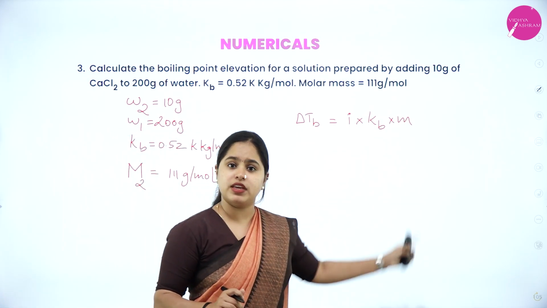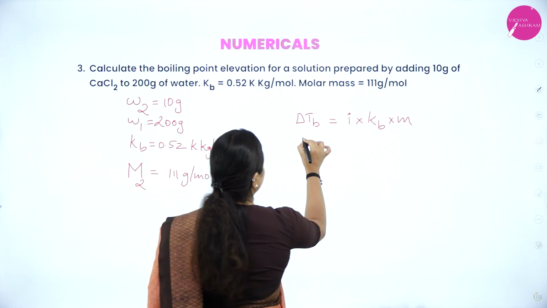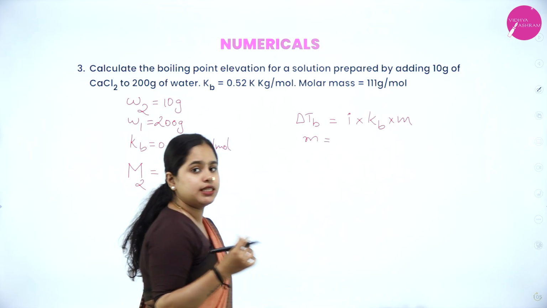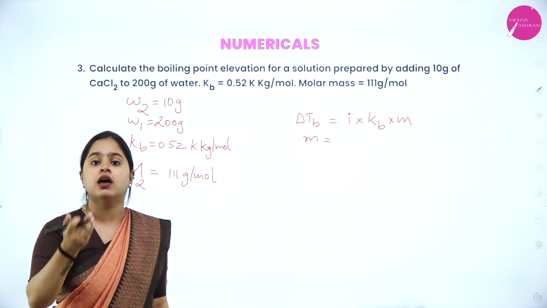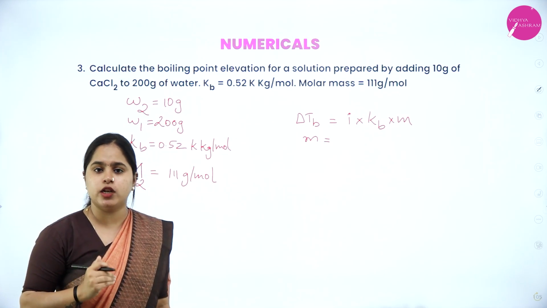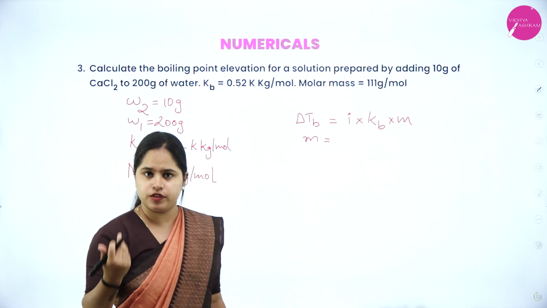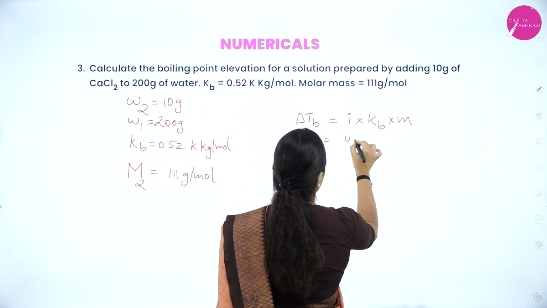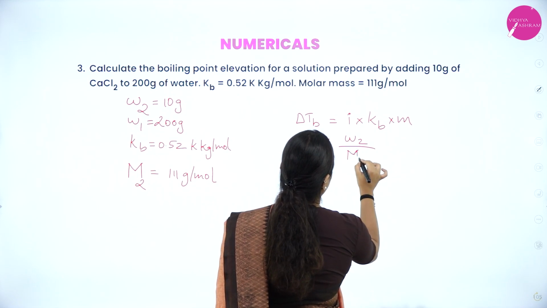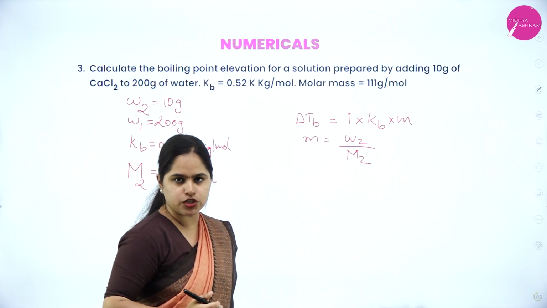We know the Kb, and we can calculate molality. How do you calculate molality? Molality is the number of moles present in 1 kilogram of the solvent, so it is the number of moles divided by the mass of the solvent. The number of moles is W2 by M2, mass by molar mass of the solute.